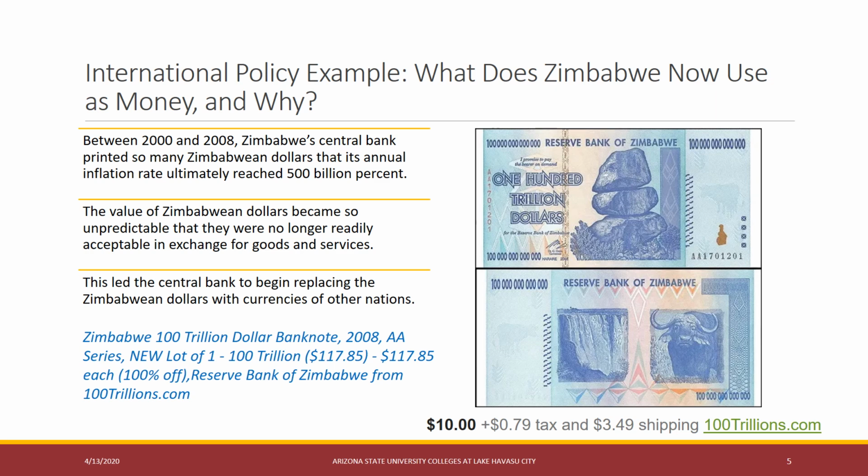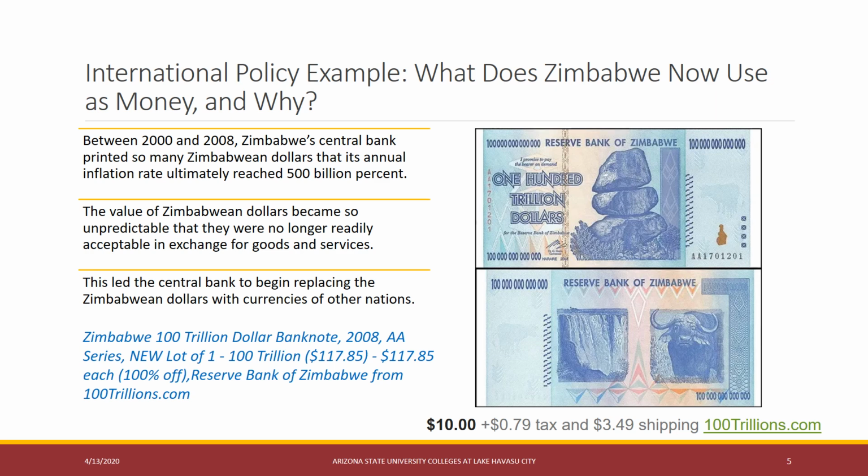The value of the Zimbabwean dollars became so unpredictable that they were no longer readily acceptable in exchange for goods and services. This led the central bank to begin replacing the Zimbabwean dollars with currencies of other nations.